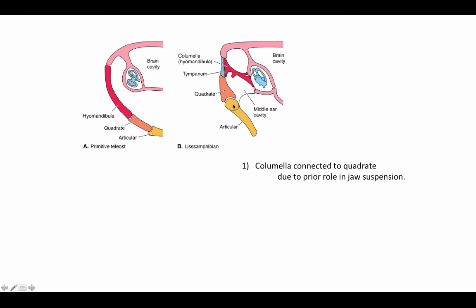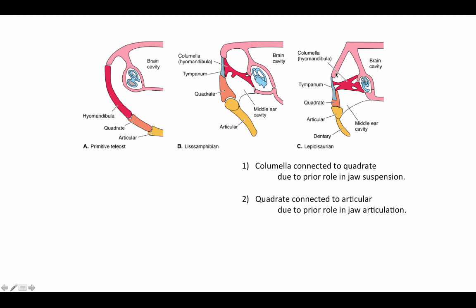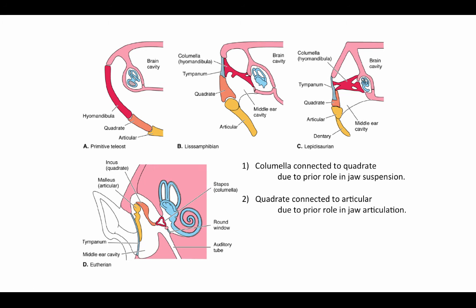So we've got this chain still, articular, quadrate, columella. The quadrate is still connected to the articular due to that earlier role in jaw articulation. And they retain these connections, but all three of these bones migrate into this middle ear cavity to form the ear ossicles, the small ear bones.